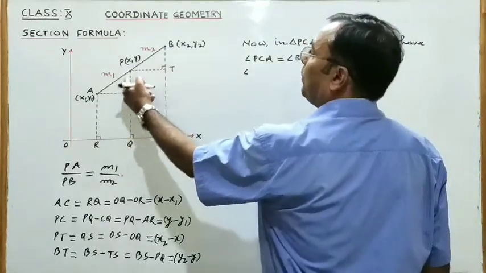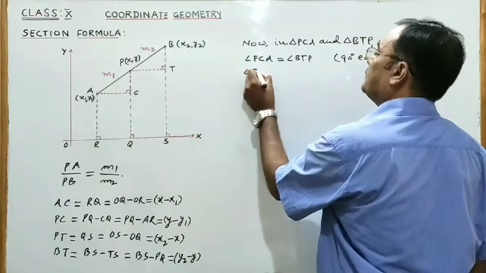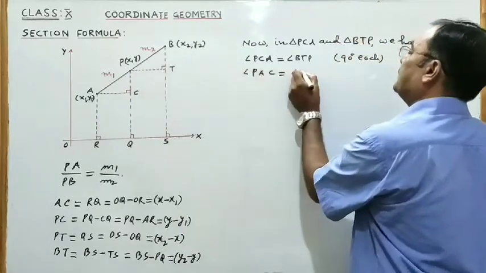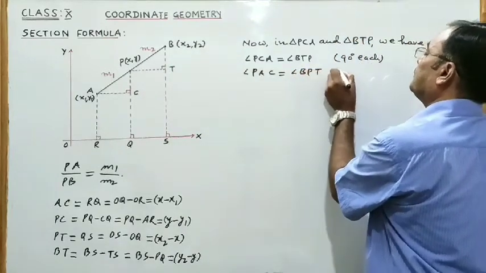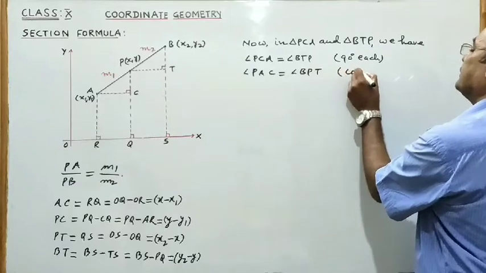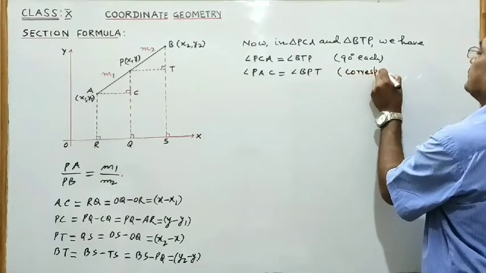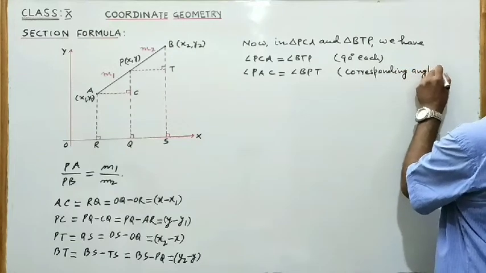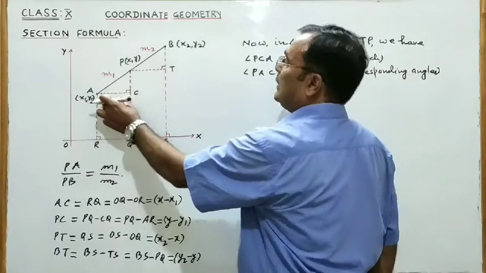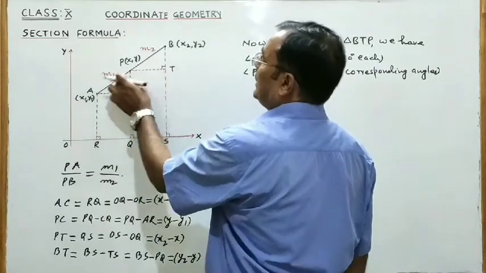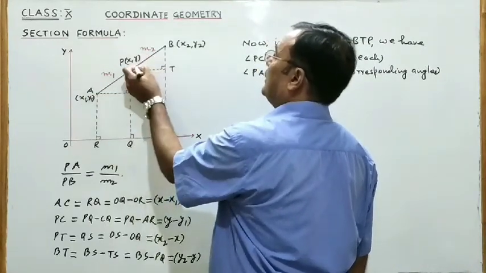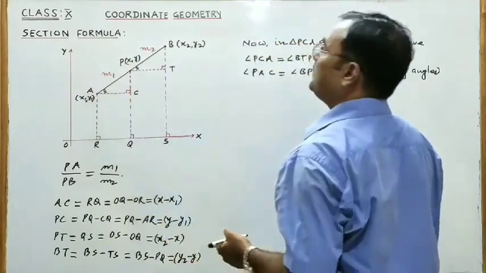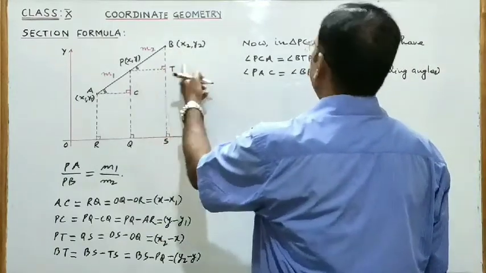Angle PAC is equal to angle BPT, corresponding angles, because AC is parallel to PT and AB is a transversal, so angle PAC is equal to angle BPT.